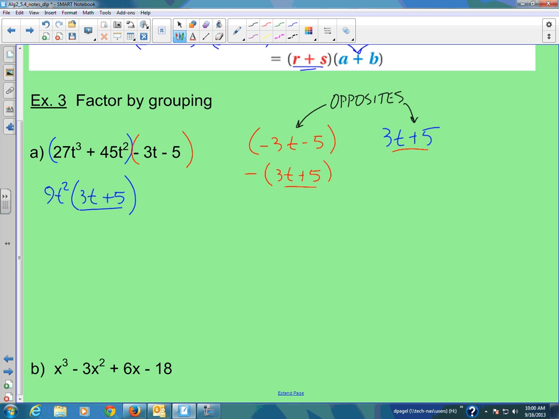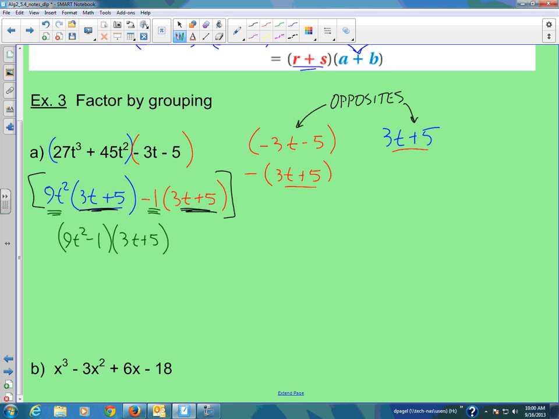So I pulled out that negative 1, I was left with the 3t plus 5, and then I see 3t plus 5, 3t plus 5. There's my common factor of this big group. And then I notice I have a 9t squared minus 1 left over. So we're going to write it: 9t squared minus 1, paired together with 3t plus 5.